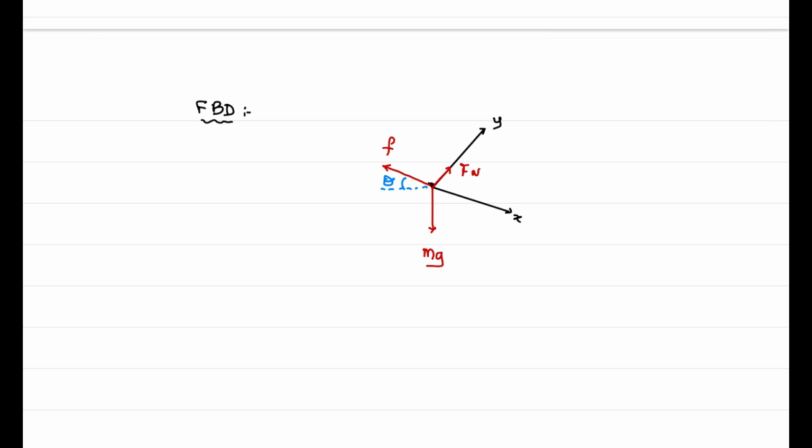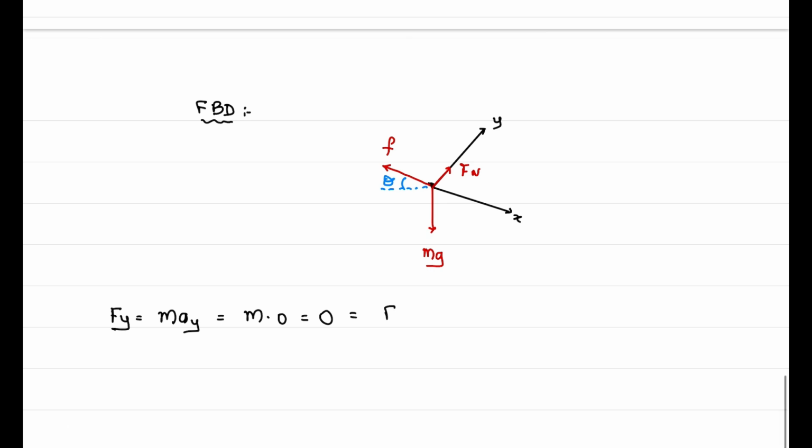Now you resolve the forces in the x direction and y direction. What is Fy? Force in the y direction is equal to m into a in the y direction, that is equal to m into 0, is equal to 0.